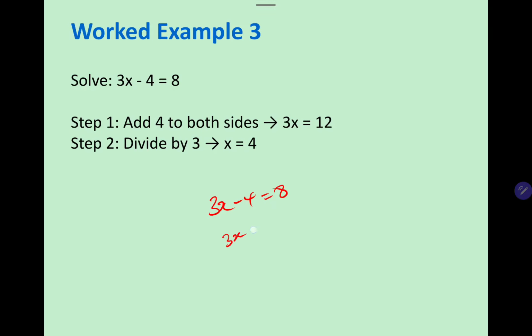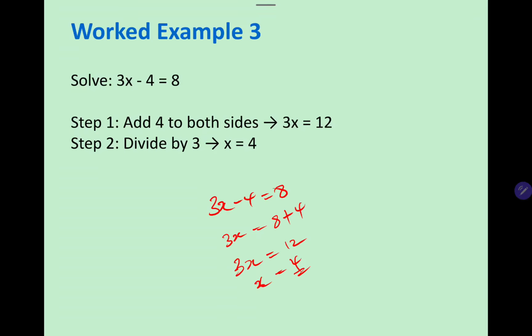So we say 3x is equal to 8 plus 4. Since 4 is crossing over to the other side, it changes the sign. Then we say 3x is equal to 12. And then x is equal to 12 over 3, which is 4.